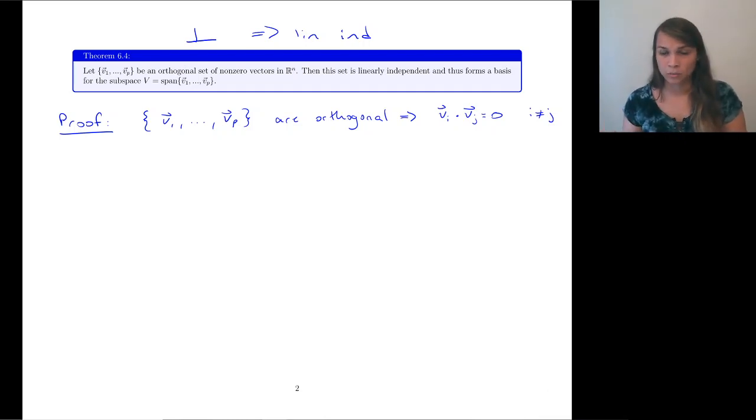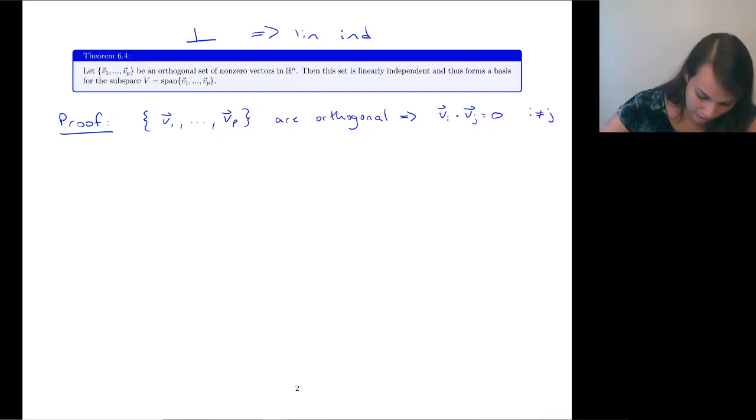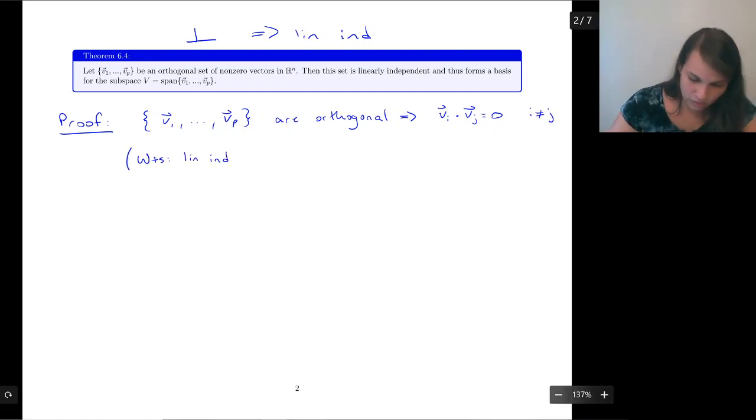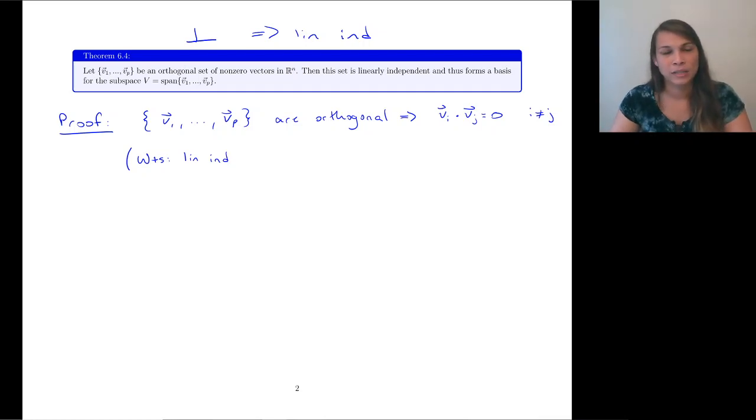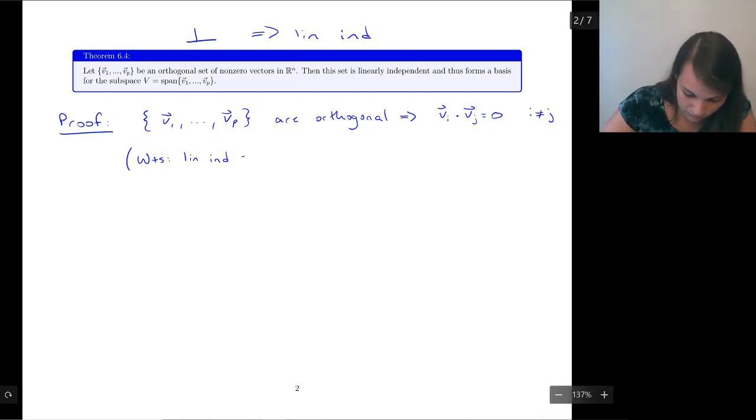Where are we going? We are going towards linear independence. So we want to show linearly independent. What does that mean? How do we get linearly independent? That means we want c1 v1, and we need to add them up, we need to add up their linear combination.